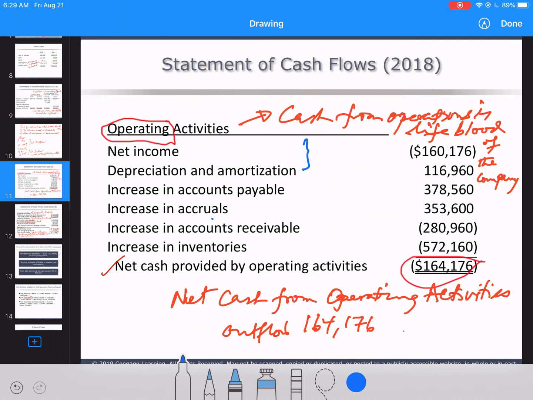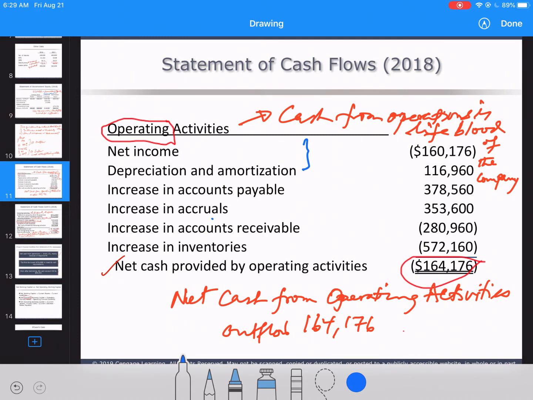And so in parenthesis is a negative number, and inventories are an asset. Increase means it has an outflow. So net result, net cash from operating activities is an outflow of 164,176.